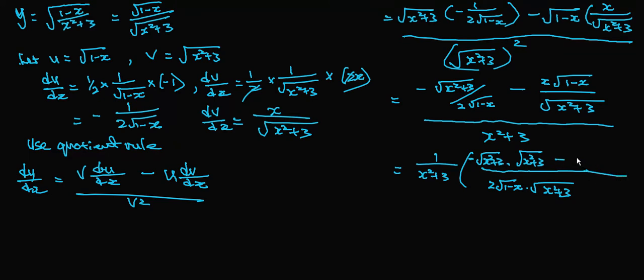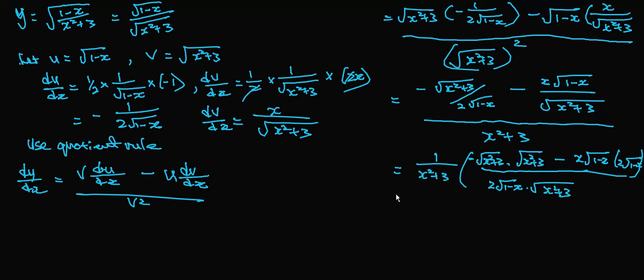Then minus this x square root of 1 minus x. Now to form the common denominator, the numerator also multiplies by 2 square root of 1 minus x. Okay? Repeat. A and B. There's no common factor, so the common denominator is this times this. So this one also has to be times this, and this is what you get here. And this one times this, this whole thing also times this. This is what you get here.